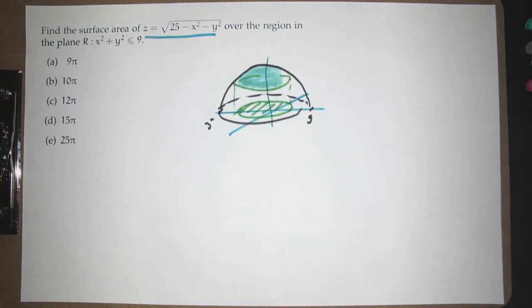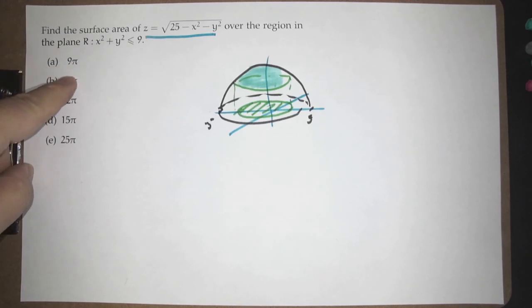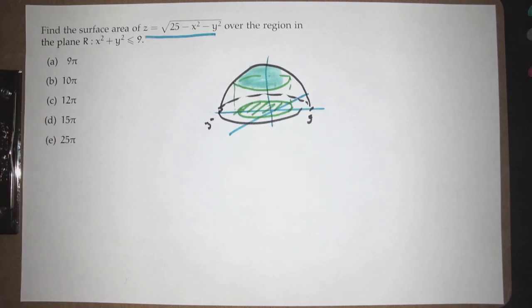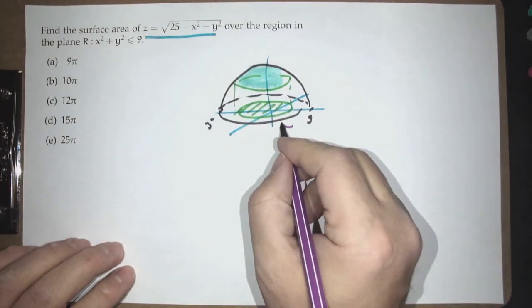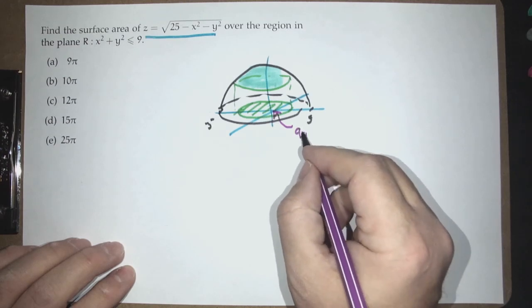Now, I claim one of these options we can eliminate just by intuitively thinking about what's going on. Why can't it be A? Where does 9 pi show up in this picture? Yeah, 9 pi is this area.